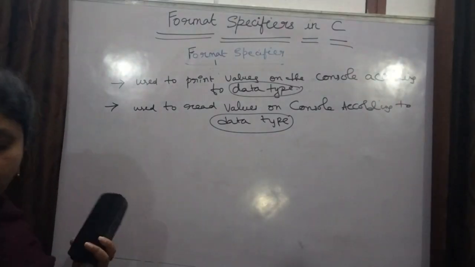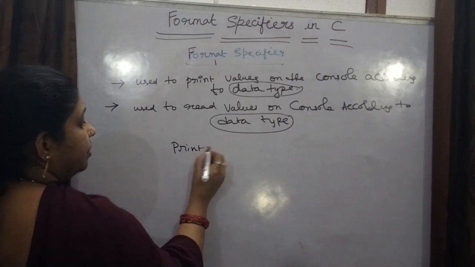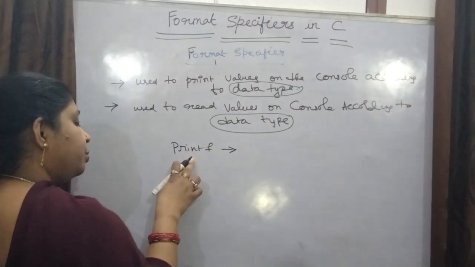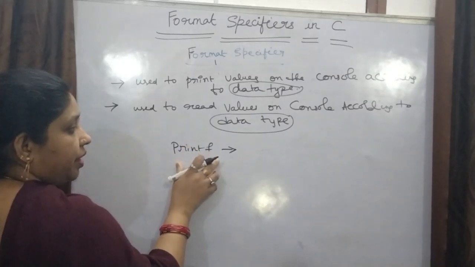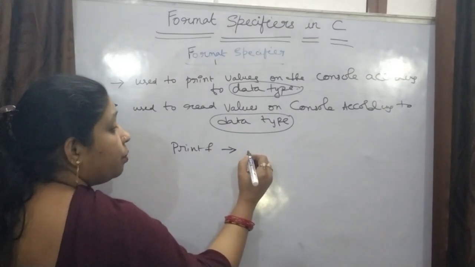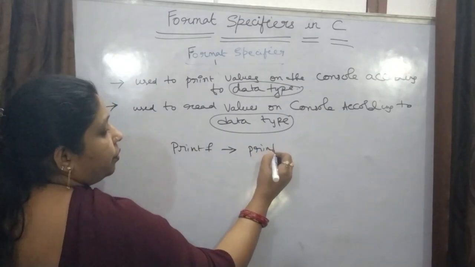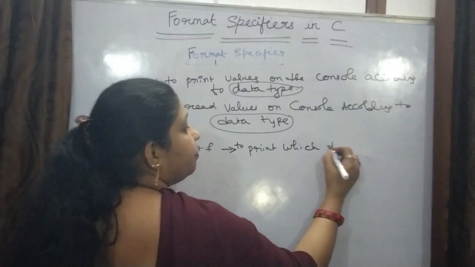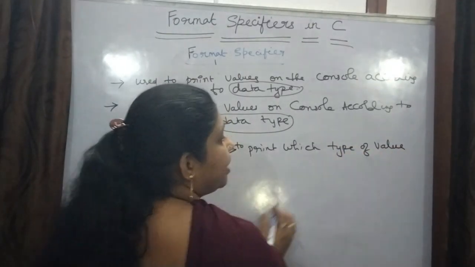Now when you use the printf function, in this printf function you have to use format specifiers. With that format specifier, it will understand which type of value to print, which data type of value.